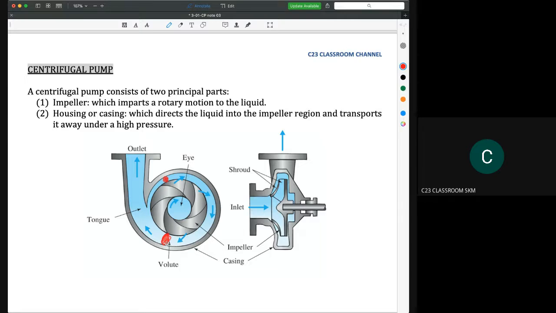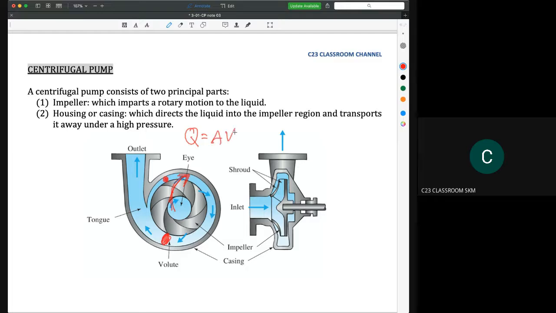Because when the centrifugal force comes in, it will throw the water here, so now the water will have high energy, and water will have a certain flow rate. So you have Q equal to AV.